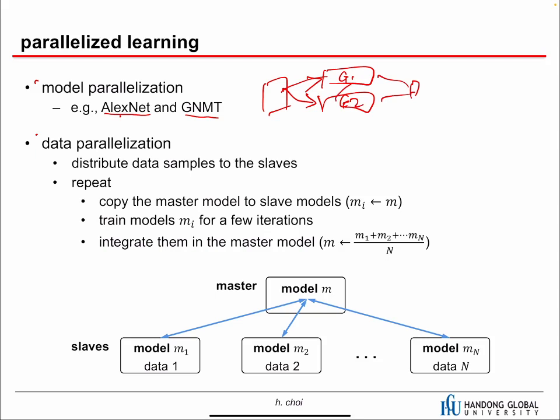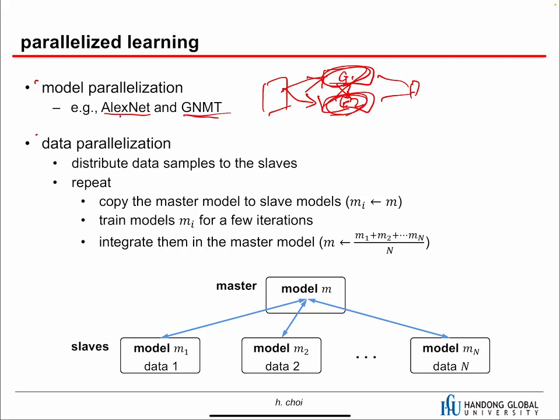Sometimes they pass some information between these two GPUs. So what I'm saying is that in model parallelization, we split the model, and then each computation unit can process some part of this model, and another part can be done by another computational unit.